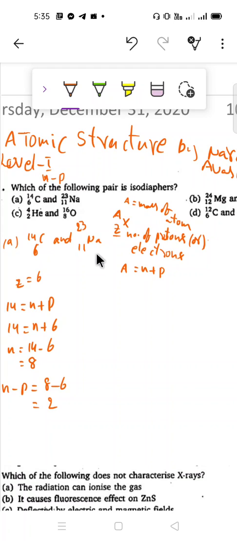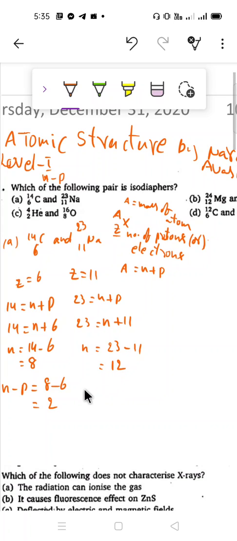Then do the same with the sodium atom. Here Z is equal to 11, and 23 is equal to N plus P. So 23 is equal to neutron plus 11, since protons are 11. Then N is equal to 23 minus 11, which is 12.